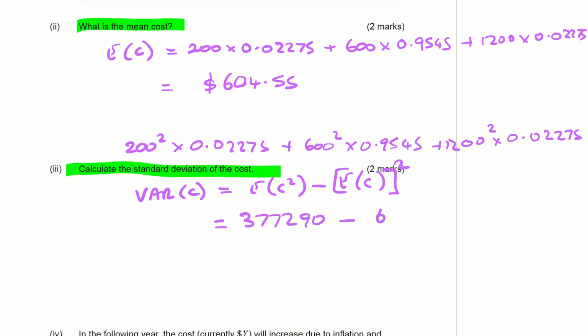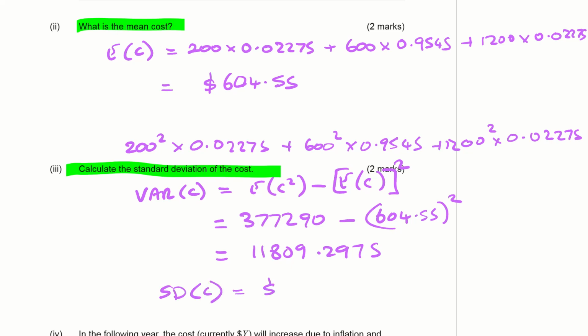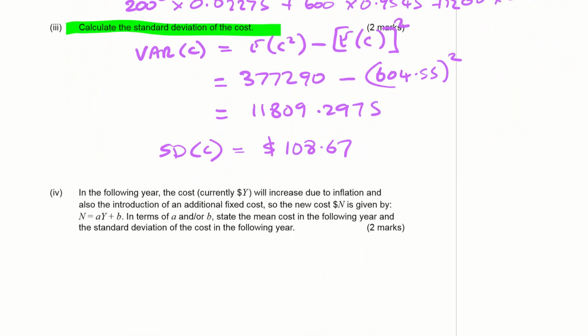Take away the 604.55 squared, gives me 11809.2975, and so the standard deviation is just the square root of that last value, and that gives me $108.67.